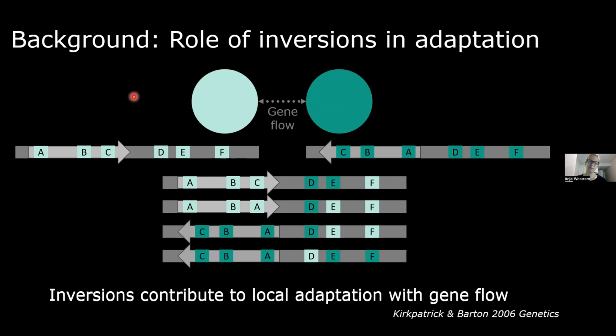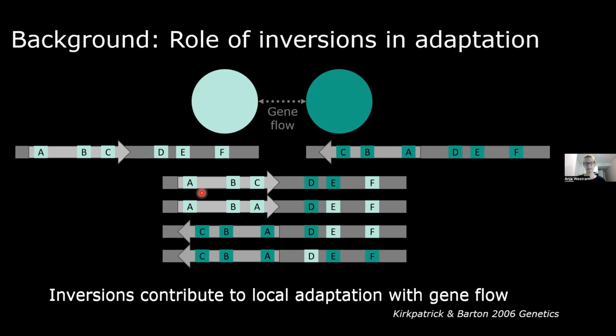But on the other hand, if we look at the inversion, as I told you before, recombination is not possible or it's very, very weak in these regions containing inversions. And this means that these blocks of locally adapted alleles cannot be mixed up. So either you are completely adapted to the light environment or you're completely adapted to the dark environment, and there's no recombination happening.